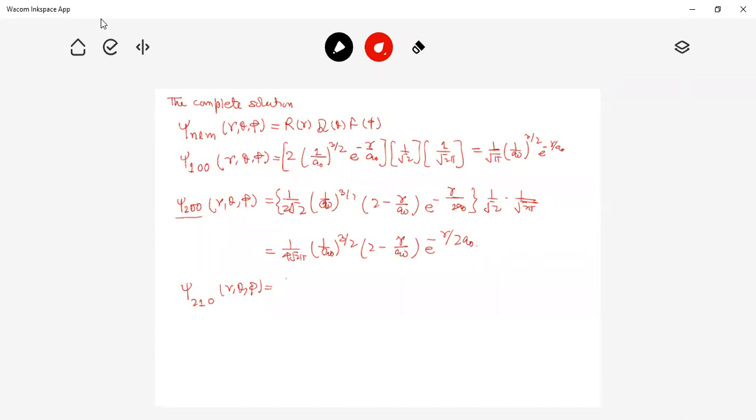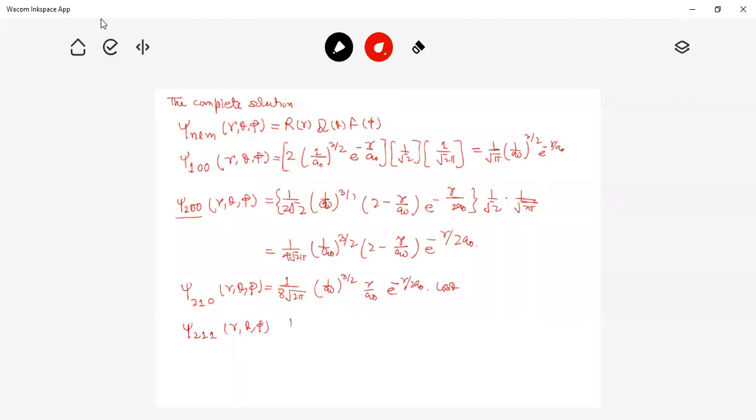This is 1 upon 8 under root 2 pi, 1 upon a0 to the power 3 by 2, r by a0 e raised to the power minus r by 2 a0 into cos of theta. And we have psi 2 1 1 for (r, theta, phi).